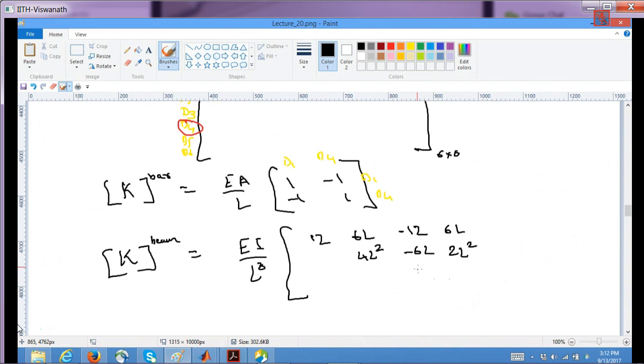This is 12 and this is minus 6L. This is 4L square. So this is for the beam, which we have already seen. We know this is with respect to the degrees of freedom D2, D3, D5, D6.